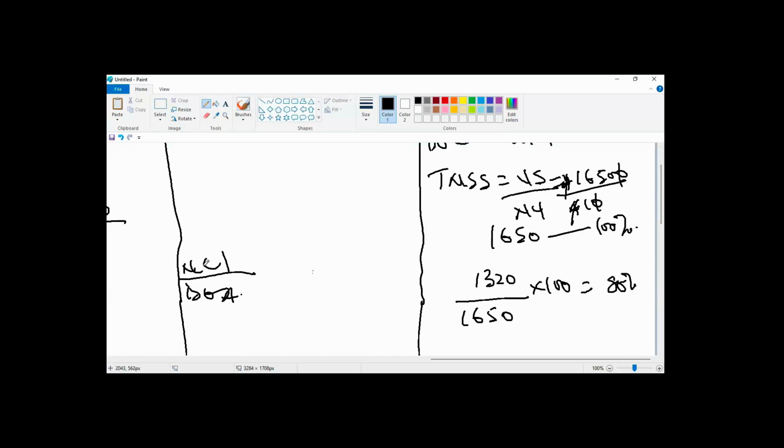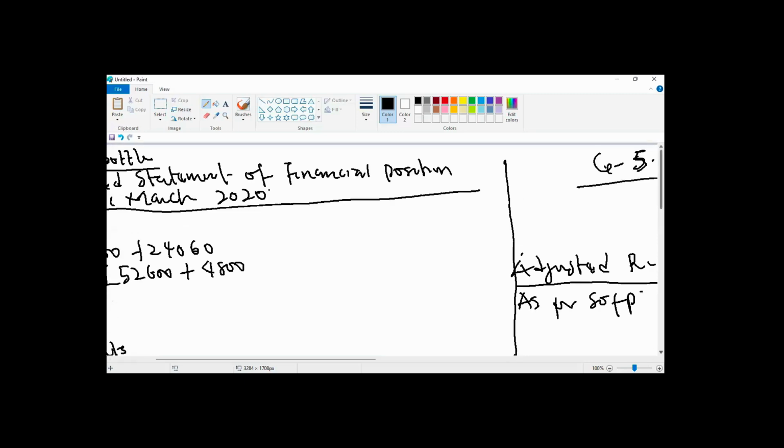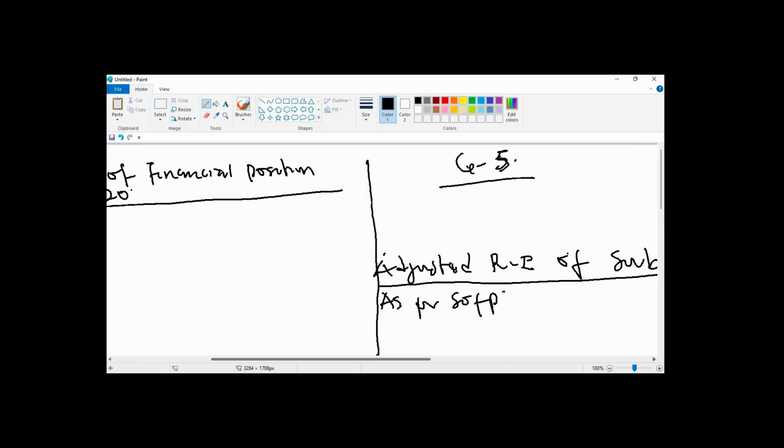Therefore, NCI will be 20% based on this question. We say parent 80%, NCI 20%. Good. That is it.